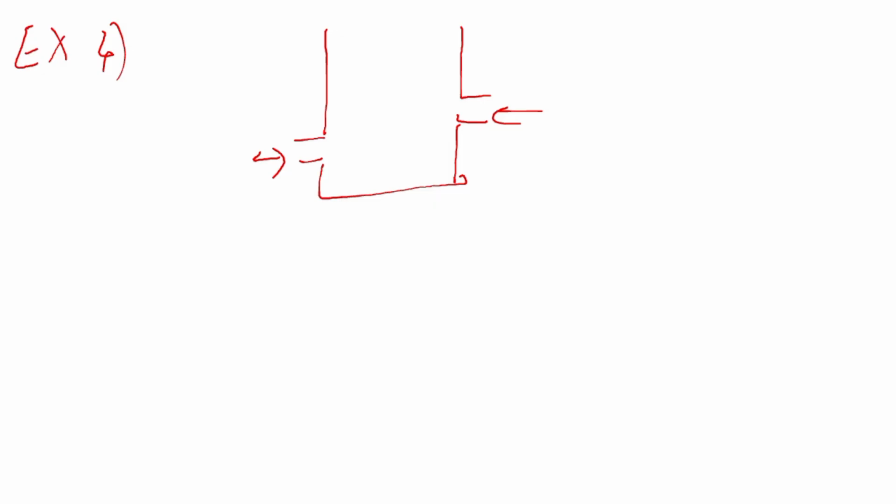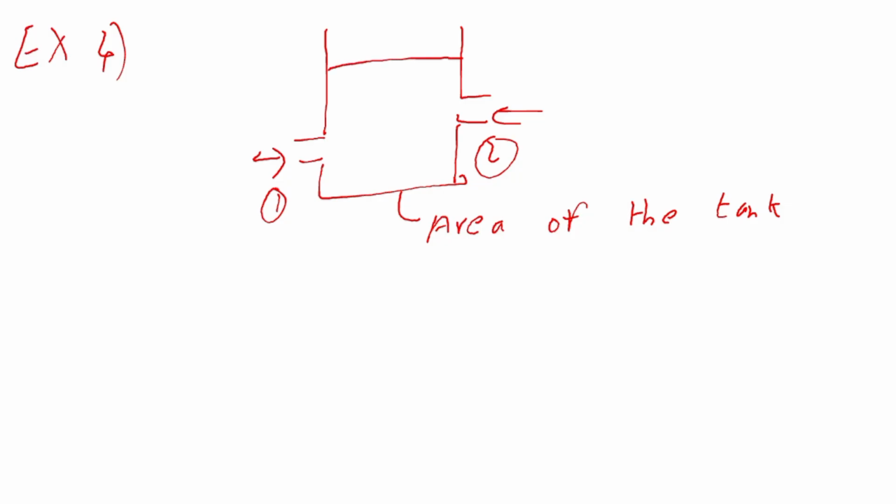You have been given the cross-sectional area of the tank. You have been given the velocity and diameter of these two inlets. Your goal is to find the rate of change of height of water in this tank.